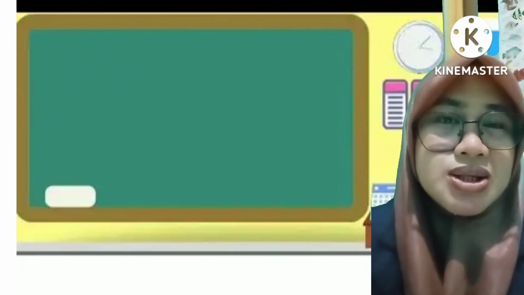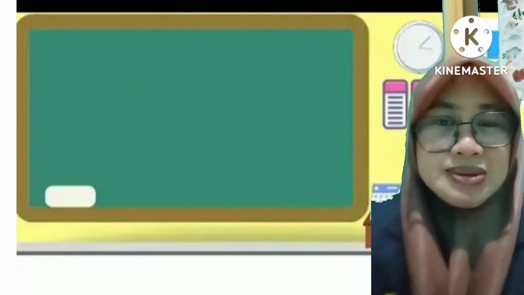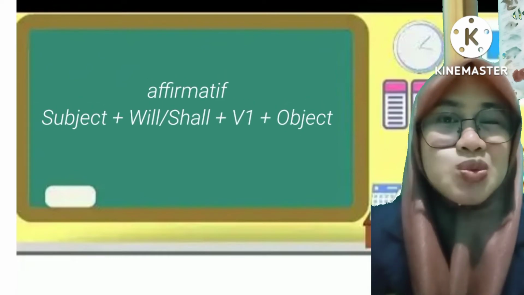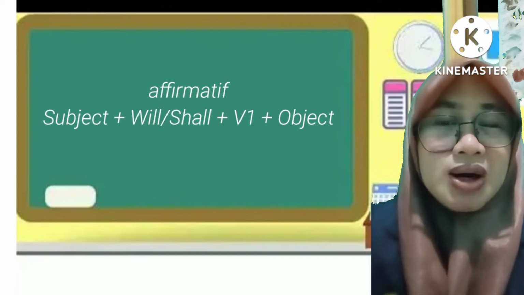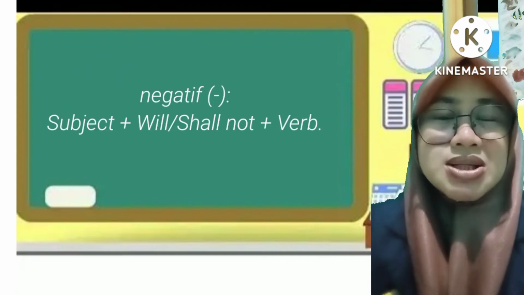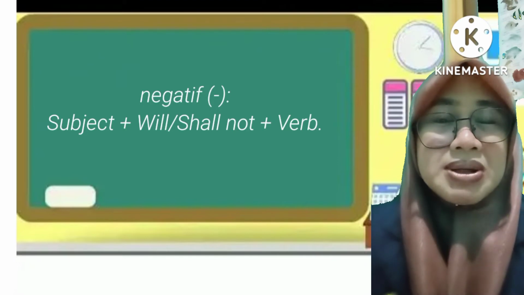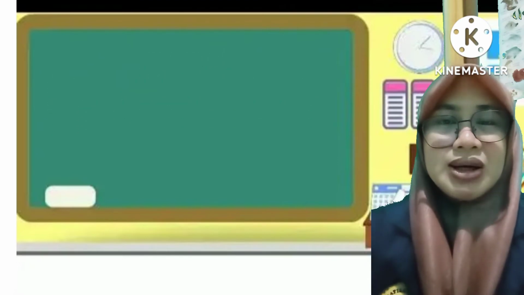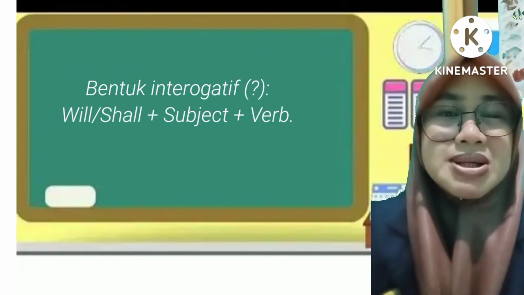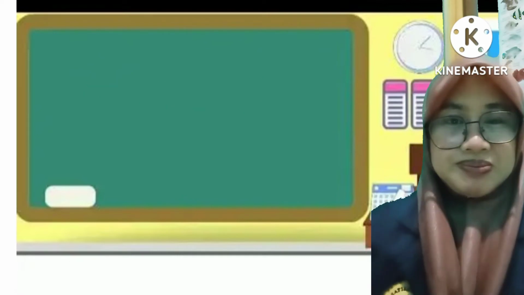The formula is as follows. The affirmative: subject plus will or shall plus verb 1 plus object. And negative: subject plus will or shall not plus verb. Next, the interrogative: will or shall plus subject plus verb.